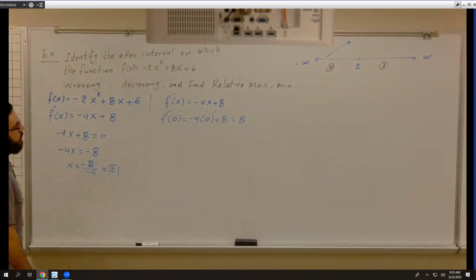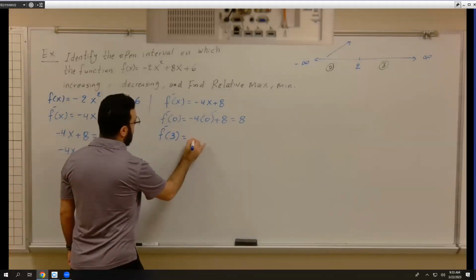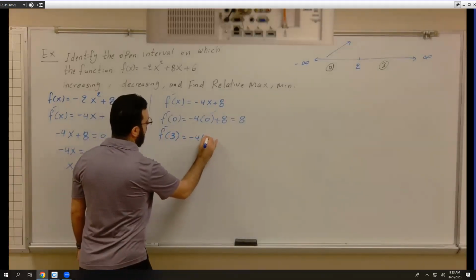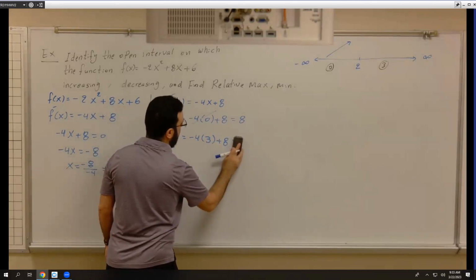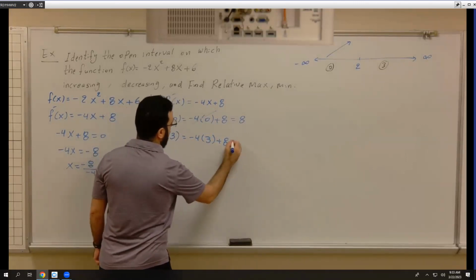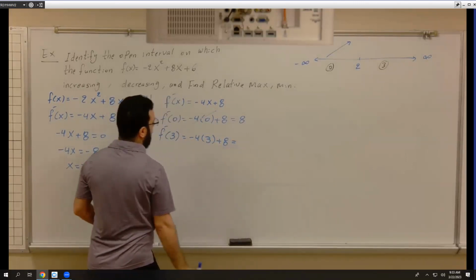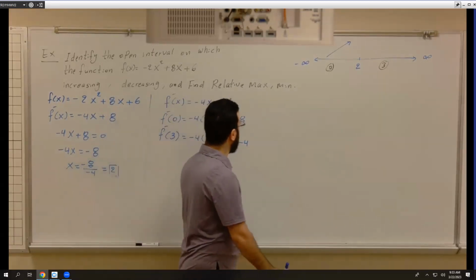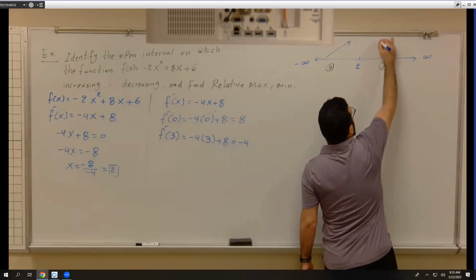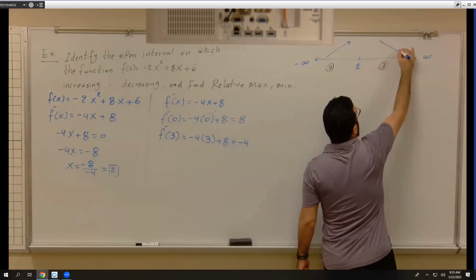Now let's check 3. f prime of 3 equals negative 4 times 3 plus 8, which is negative 12 plus 8, so negative 4. Here it is decreasing.